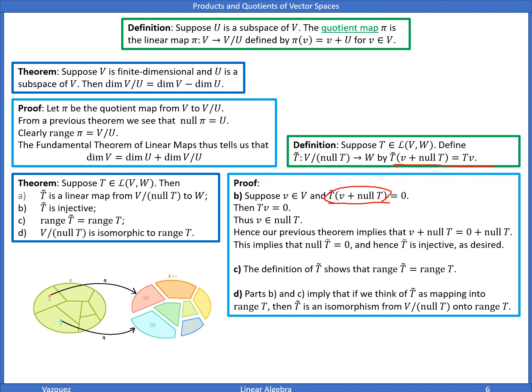So we get that T tilde is an isomorphism from the quotient space V over null space of T onto the range of T, because it is bijective and therefore isomorphic. This might have been the most difficult slide to grasp at first, but make sure you go over the details, and you'll see that this isn't really a complicated slide.